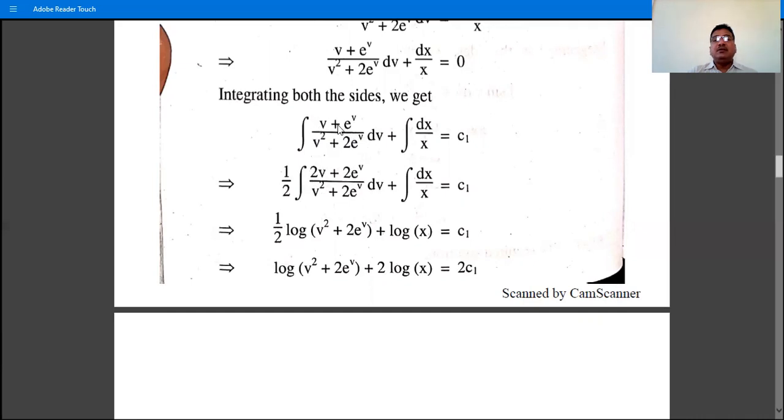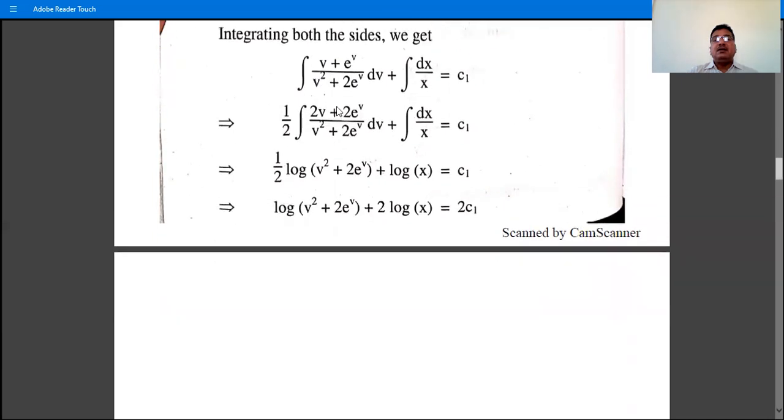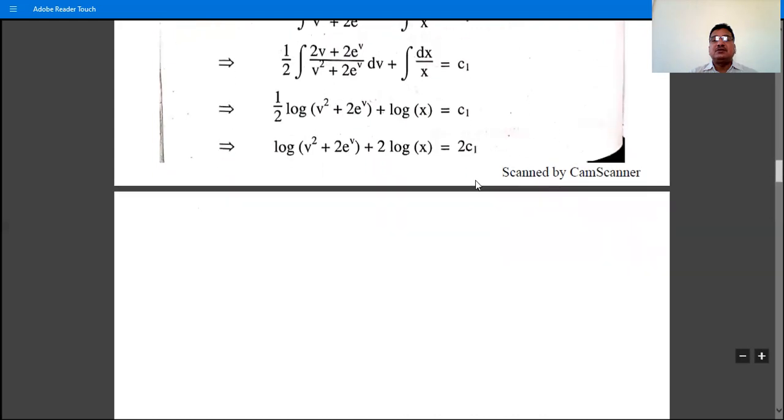So we have 2v plus 2 e raised to v, and then use the rule: integration of f dash x divided by fx is log fx, log of the denominator. We have the derivative of this at the numerator, and so by using that rule, we get 1/2 log of v square plus 2 e raised to v plus integration of 1 by x, log x, is equal to the constant of integration c1.